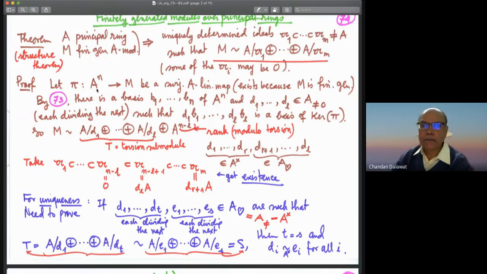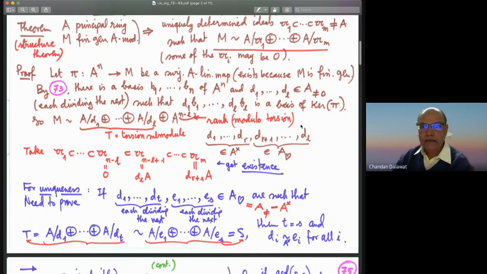Kernel of pi is a submodule of A to the n, so I can find a basis b1 to bn of A to the n and non-zero elements d1 to dl in A, such that d1 b1 all the way up to dl bl is a basis of the kernel of pi.